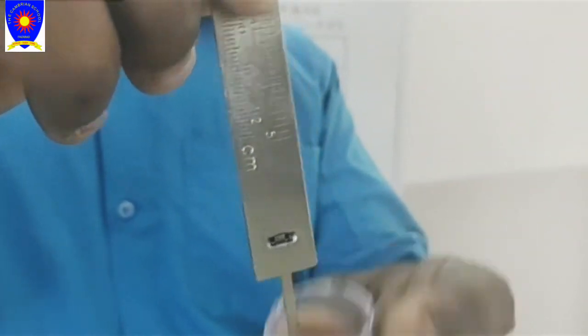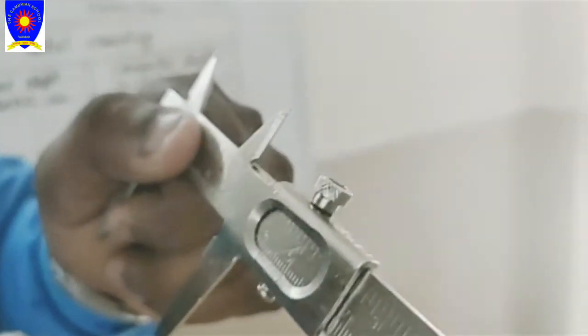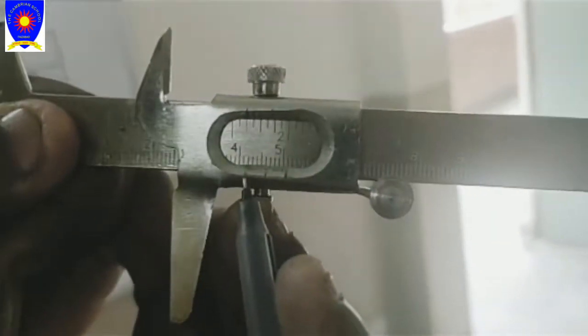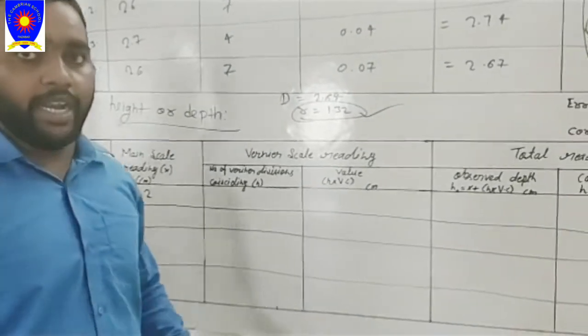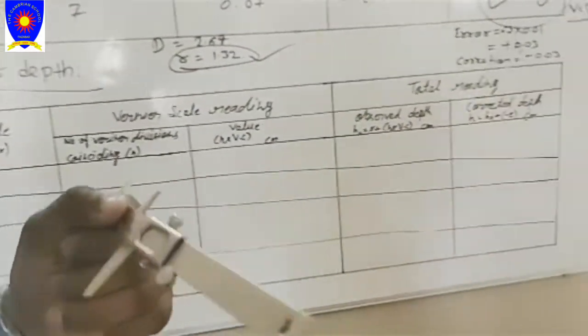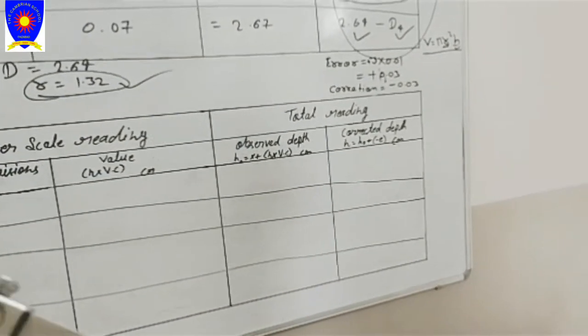Now we can take the reading. So we are looking that the main scale reading is 4.2. So right here its reading is 4.2 and the division which is coinciding is 6th.